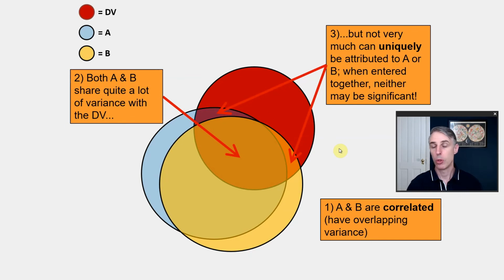So the overall message here is that when you are thinking about the inferences you make from a multiple regression analysis or whatever it might be, it's important to think about not just the associations of predictors with the DV, but also the associations of the predictors with one another.